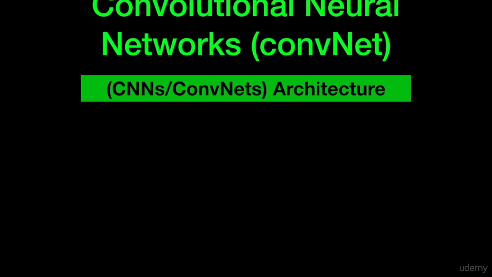Welcome back. In this lecture, we are going to learn about convolutional neural networks, or convnets, or CNNs for short. A convolutional neural network makes the explicit assumption that the inputs are images.